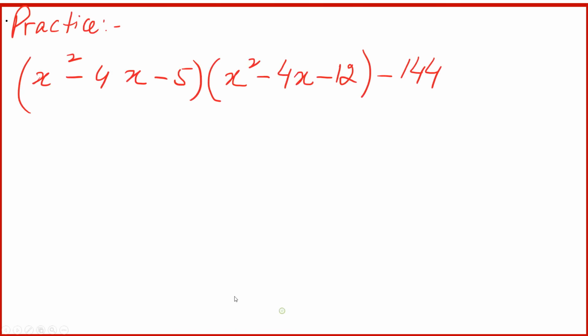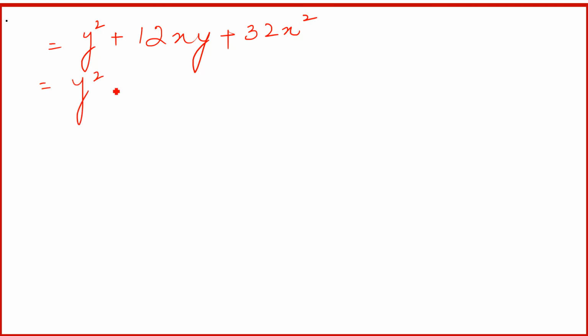I will write it down here. So it will be y square plus 12xy plus 32x square. Here 8xy plus 4xy: 8 times 4 is 32, x square, y square, and 8 plus 4 is 12xy plus 32x square.